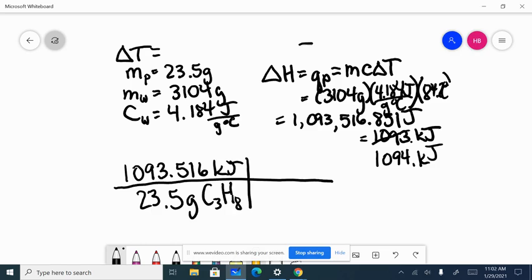And I need grams to cancel from the bottom, so I'll put it on the top. And I need to change it to moles of propane. 1 mole, we're going to add up 3 carbons plus 8 hydrogens for 44.094.